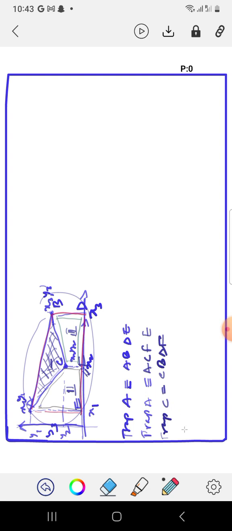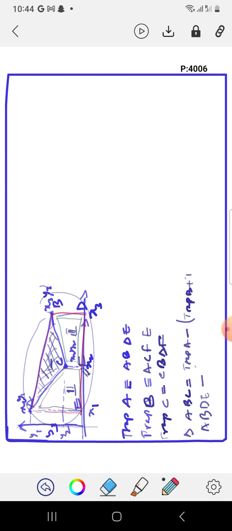So our action plan is that triangle A, B, C will be obtained from trapezium A, B, D, E, minus, or rather from trapezium A, you take away trapezium B plus trapezium C. Okay, this is B, sorry.